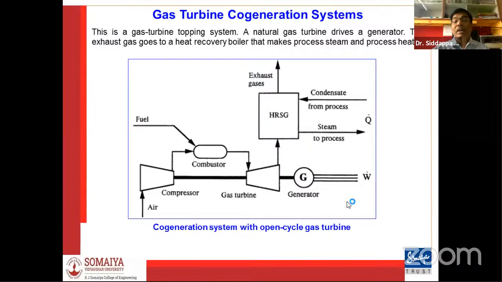Depending upon the potential of the exhaust gas, at what temperature it is available, if its temperature is very high, then you can use it for steam generation. Then again, you can run one more steam turbine from there. Or if it is at low temperature, then you can use it for different heating applications.